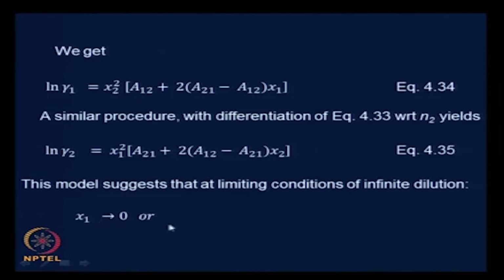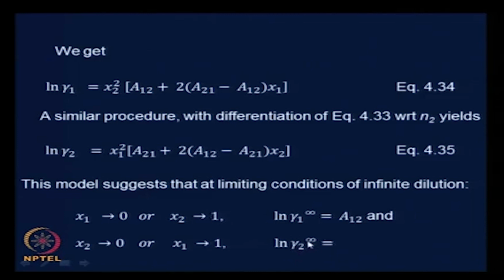Therefore, when x1 tends to 0 or x2 tends to 1, which is one and the same thing, then ln of gamma 1 at infinite dilution is A12. Similarly in the flip case, when x2 goes to 0 or x1 tends to 1, you can get that ln gamma 2 at infinite dilution equals A21. These are limiting conditions that we can use to check and get some quick estimates.